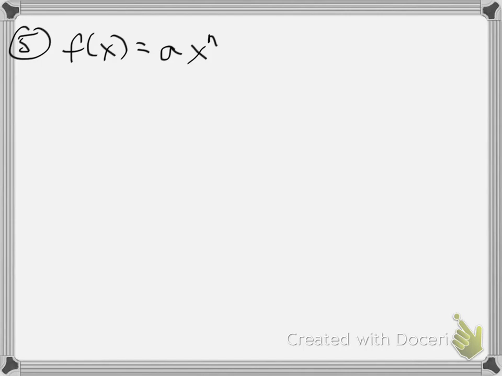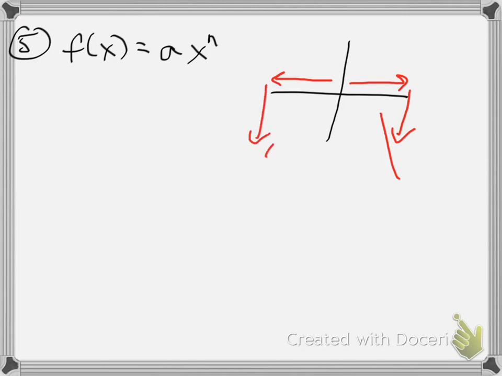What must be true about a and n if, again I read these backwards, as x gets bigger, y gets smaller. Okay, so that means this is our end behavior. Then it also says as x gets smaller, f of x also gets smaller. That means we must be coming from here.